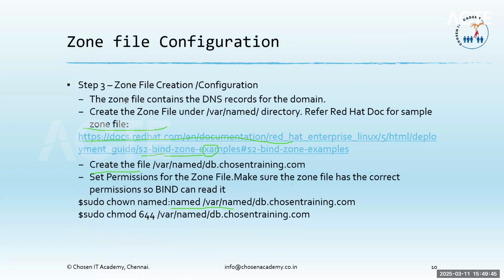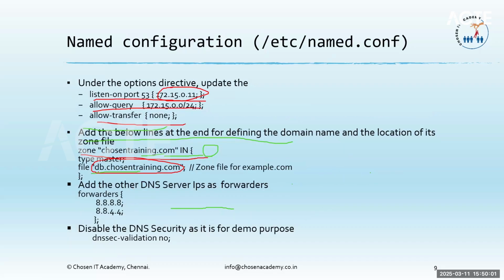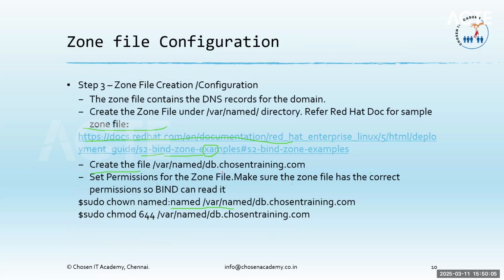Coming to the zone file, we may have to create this zone file. The template for the zone file can be taken from the Red Hat site. To create it, we have to give the name that we had given here, which is db.chosentraining.com. That's the name of the file.